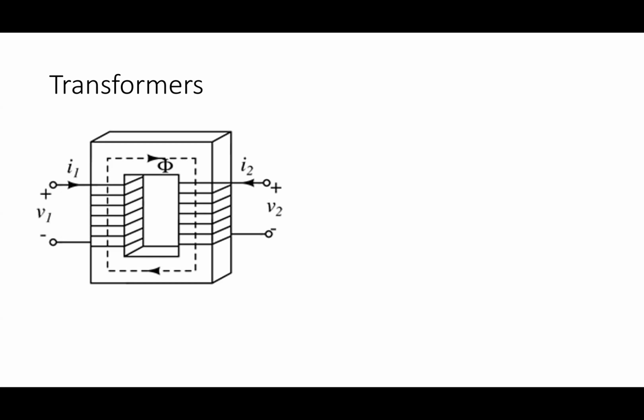And the process that we walked through, what was the first thing we did? We looked at this thing and we said, what did I have to do once I had this picture? Draw the magnetic circuit.